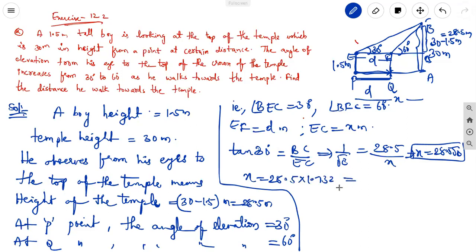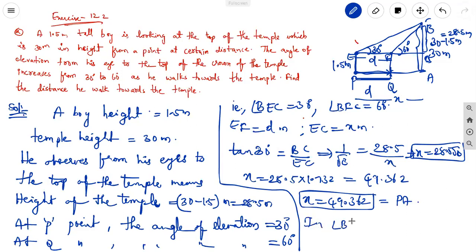Multiplying those two numbers, we get 49.362. This is the PA distance. So x equals 49.362, equal to the PA distance.